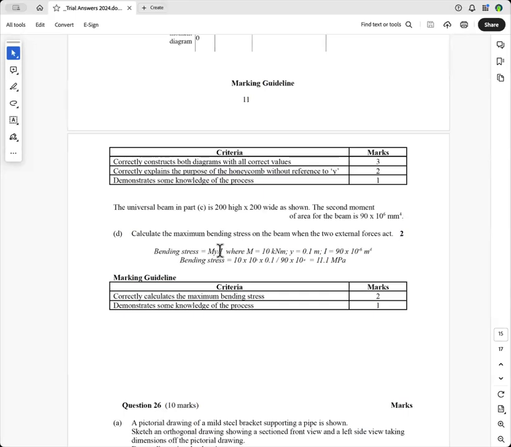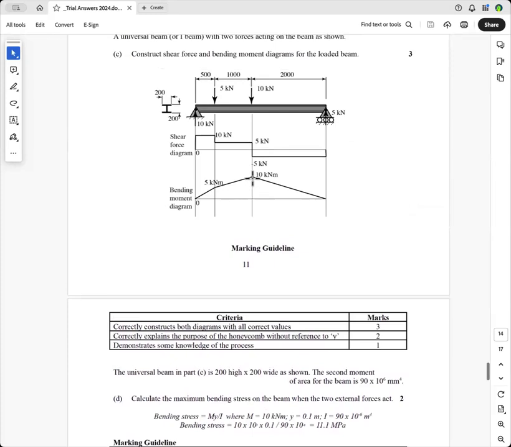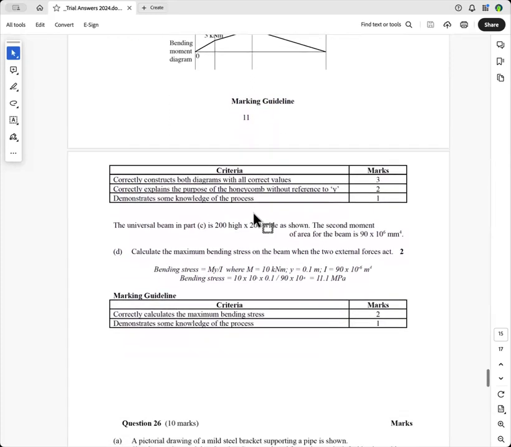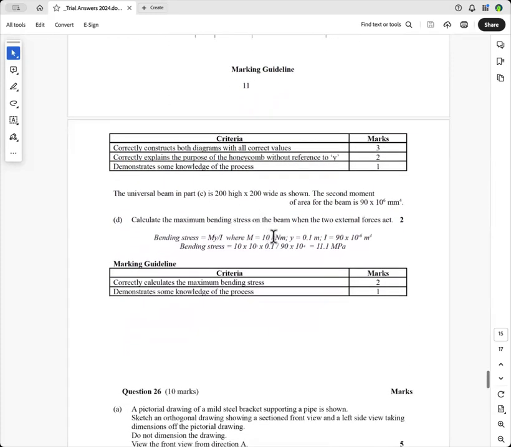This is just straight substitution, really. The maximum bending moment you get from that there, so that is 10 kilonewton meters, and you've got to multiply it by 10,000. You can't put kilo into an equation. The outermost fiber is 0.1 away from the neutral axis, and you're given this.